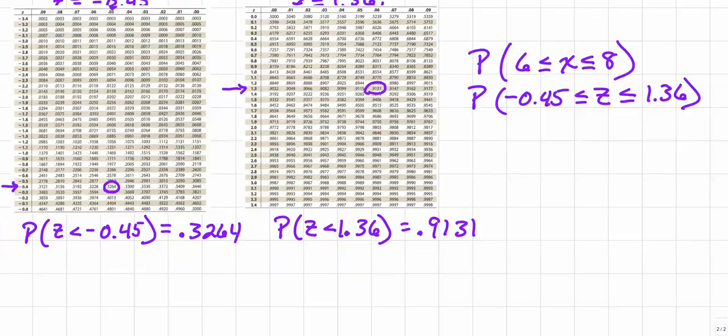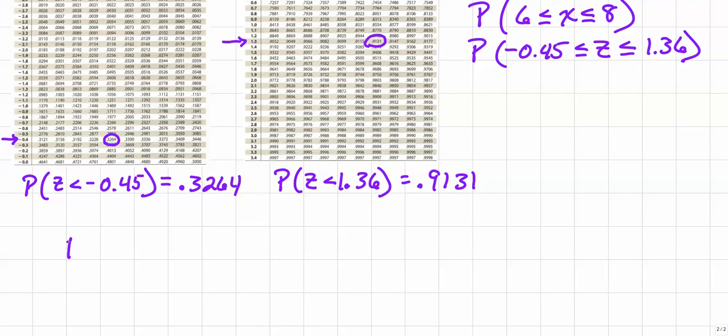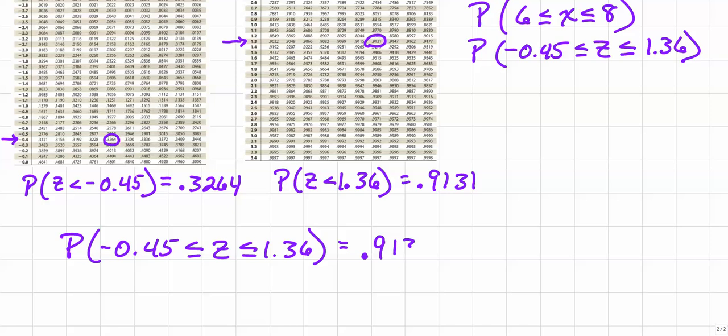So in order to find this probability, we will take the greater probability value, or area under the curve, and we will subtract from that the lesser probability value, or area under the curve. And that will be equal to 0.5867. But once again, we're going to round to 3 decimal points, so 0.587.